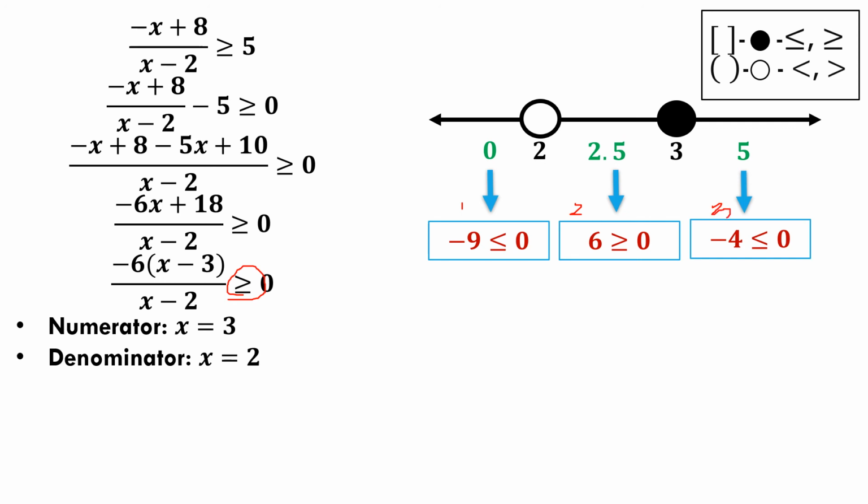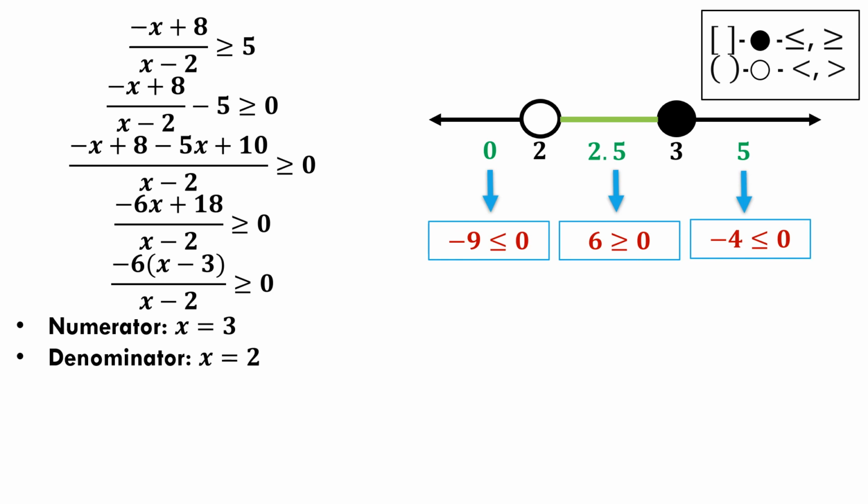So, we have itong number 2, which is 6 is greater than or equal to 0. So, ang next step natin, i-shade natin yung number line para mas madali natin ma-identify later sa solution. So, yan na yan. Yung naka-shade na yellow-green. Ayan. So, ibig sabihin daw, ang solution natin is from 2 to 3.